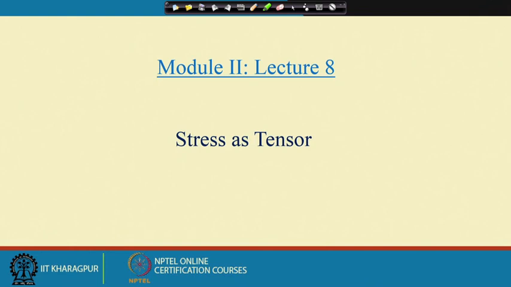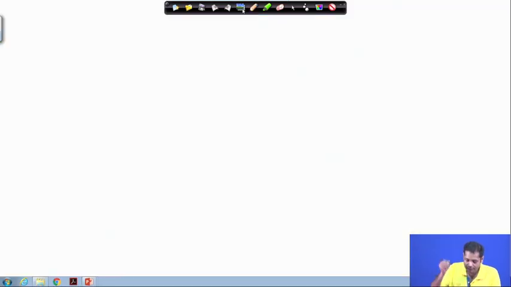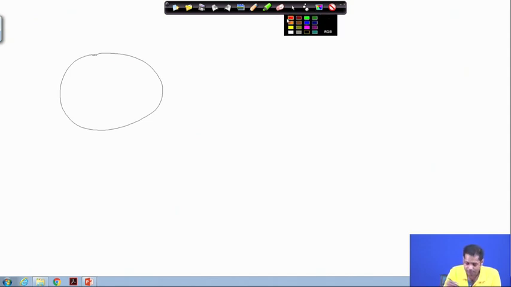You had a brief description of tensors in the very first week of this course. What we have done so far is, suppose we have any arbitrary body, a body like this, and in that arbitrary body, suppose we have a point here.